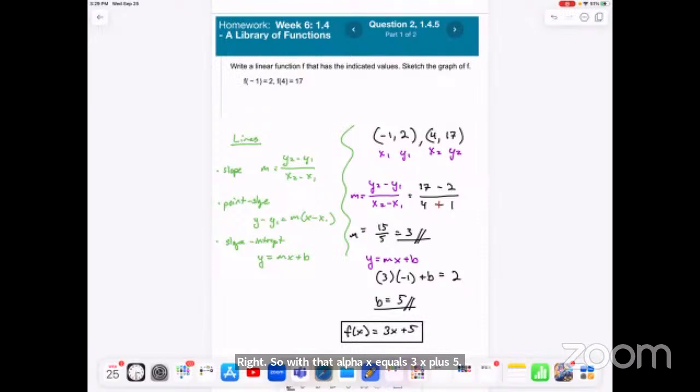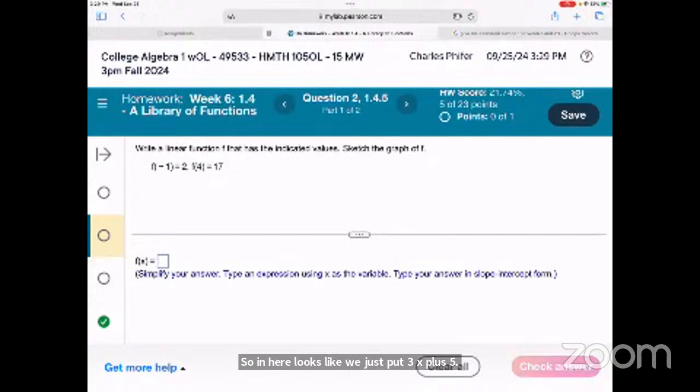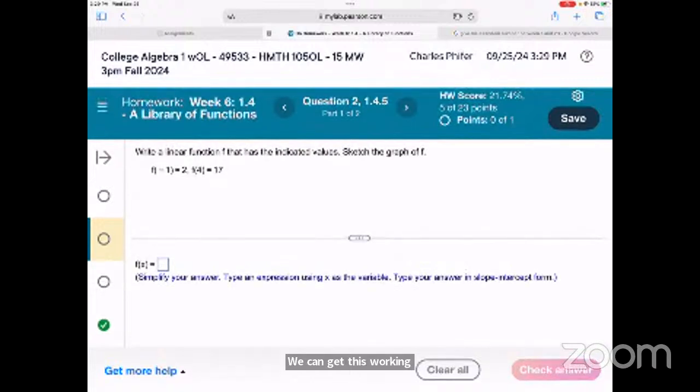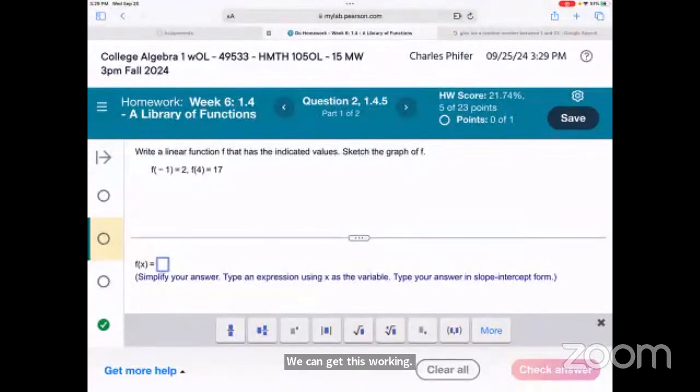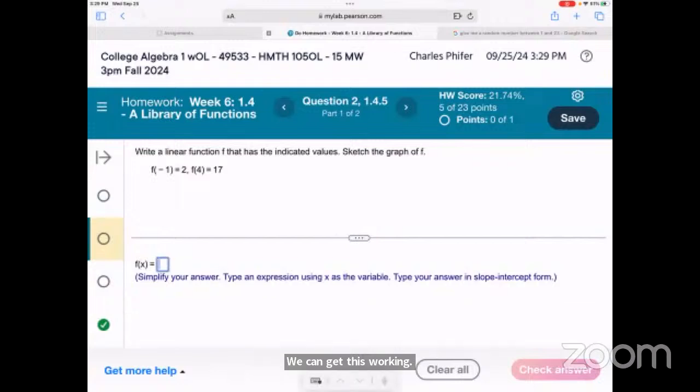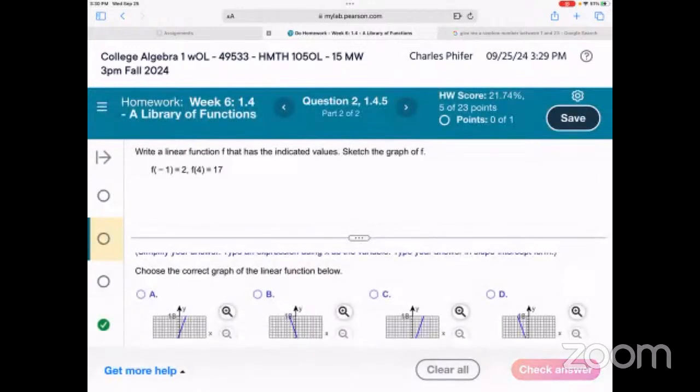So then here it looks like we just put 3x plus 5. Okay, so if we have 3x plus 5, we have a positive slope and a y-intercept of 5, right?